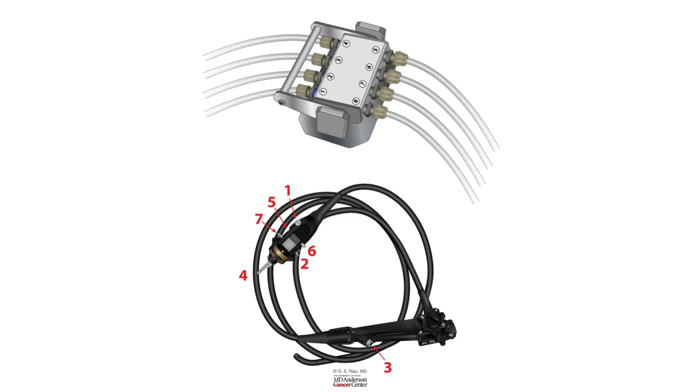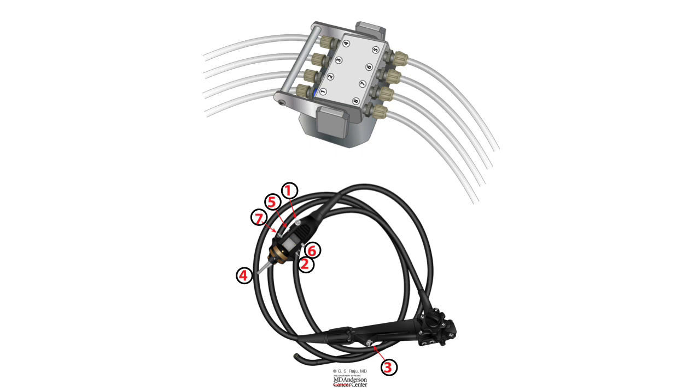An EGD scope will have a particular set of adapters. Colonoscope will have a different set of adapters. So make sure you pick the right adapter for that particular scope. And then make sure they're all connected properly and securely. A loose connection may not work.